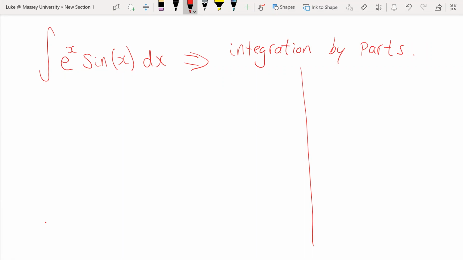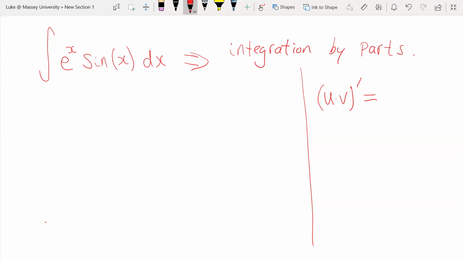Okay, and the way I derive it is, I remember the product rule of differentiation. So let's just write down the product rule of differentiation. If I have two functions u and v, and I differentiate those two, I know that I'm going to have to use the product rule here.